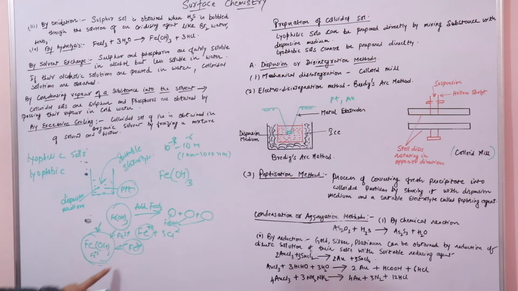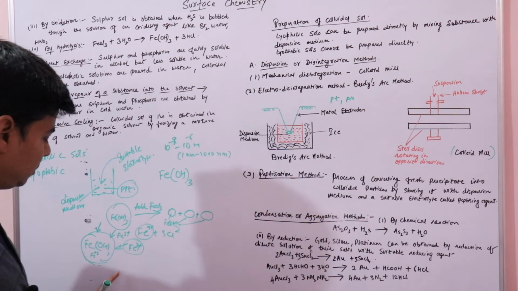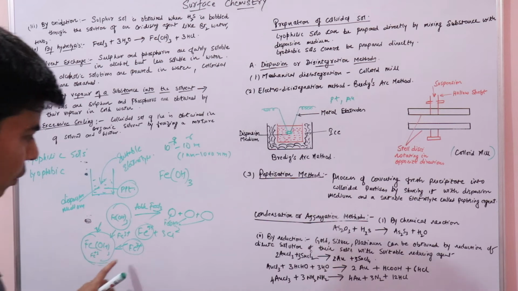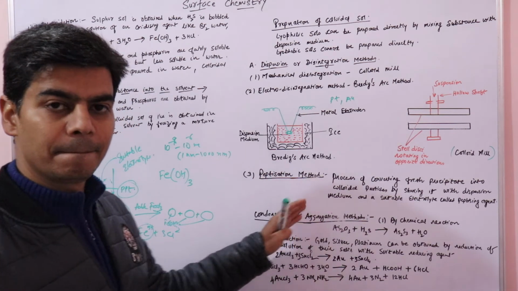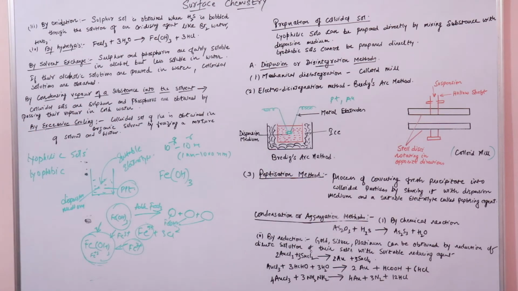So ferric hydroxide is the common example for which you can prepare the colloidal solution, or the particles of colloidal range, using this peptization method. The other example is your precipitate of silver iodide, right?